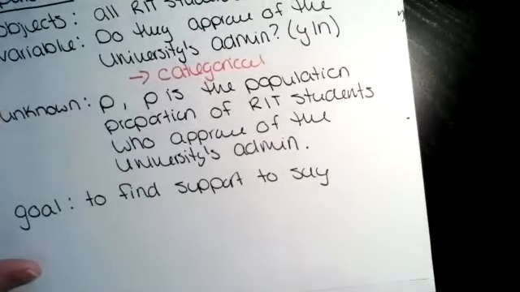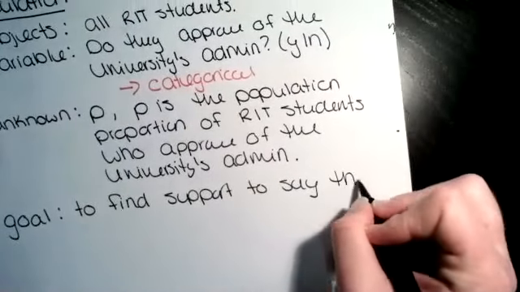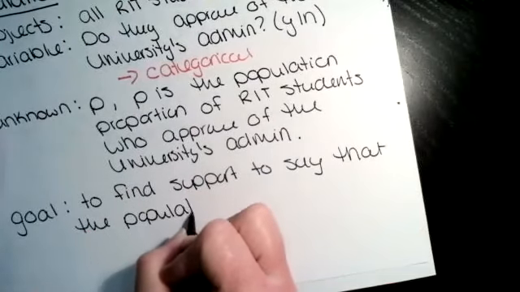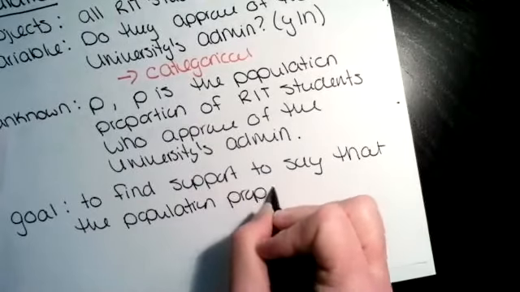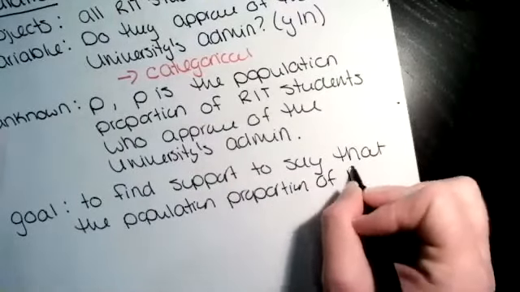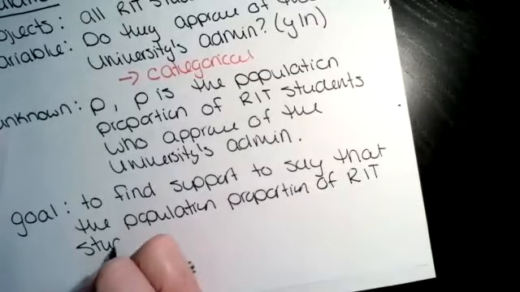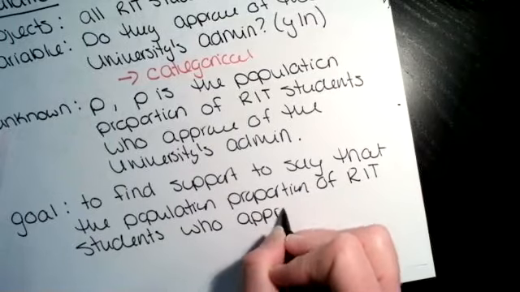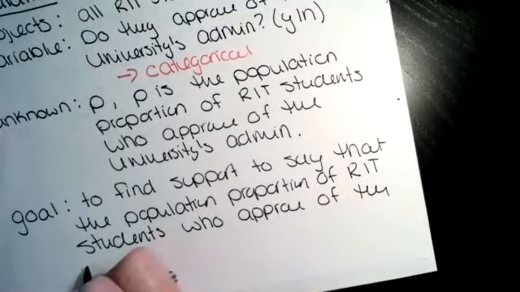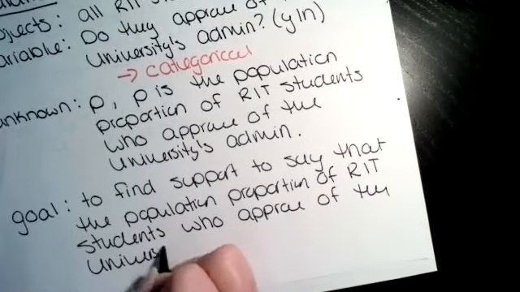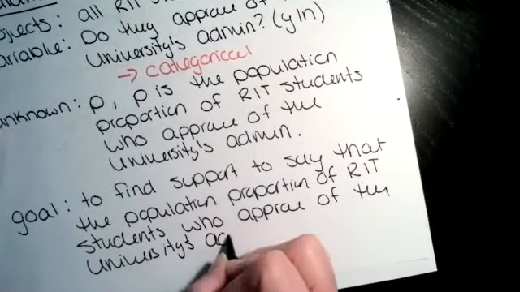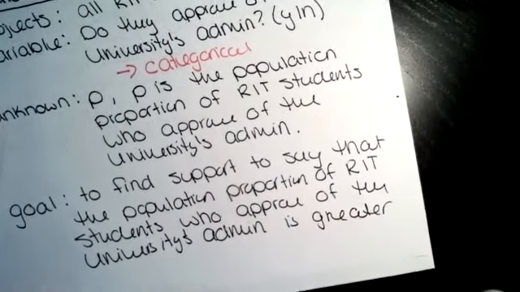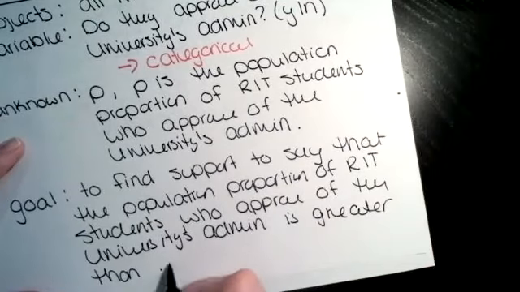So I want to find support to say that the population proportion of RIT students who approve of the university's admin is greater, or you could say more than, 0.67.